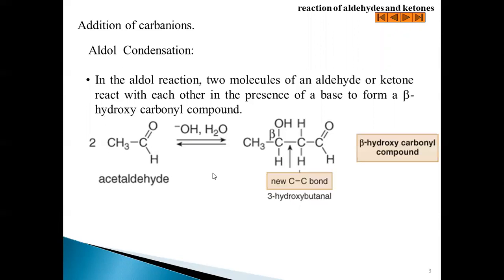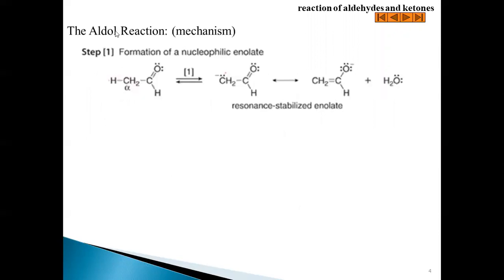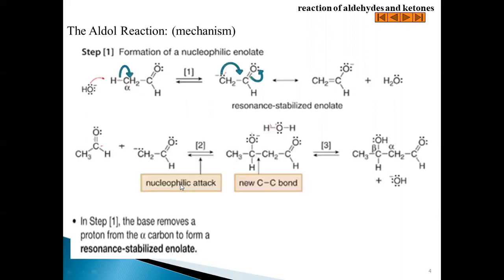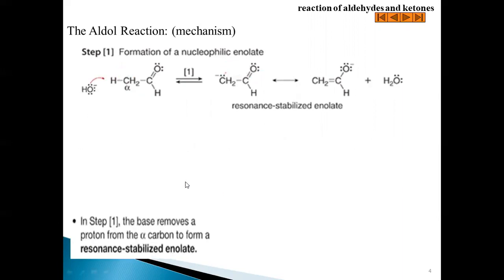Further, we will understand the mechanism. Step 1, formation of nucleophilic enolate. Here in step 1, the base removes a proton from alpha carbon to form a resonance stabilized enolate.